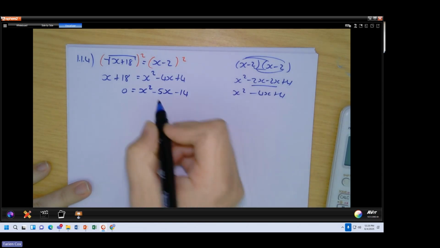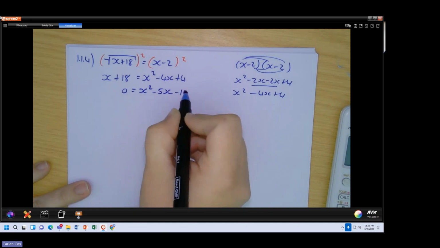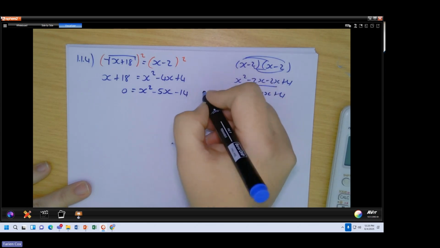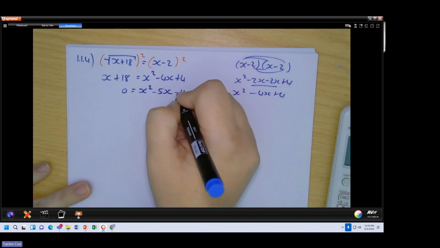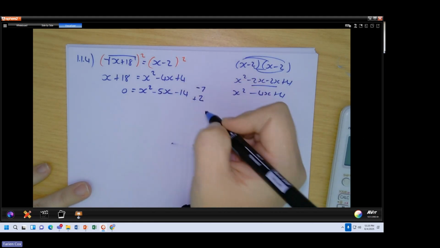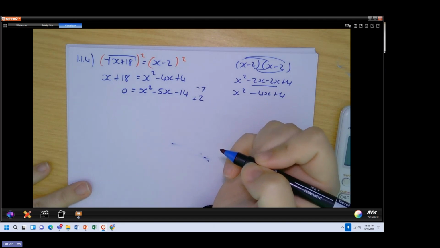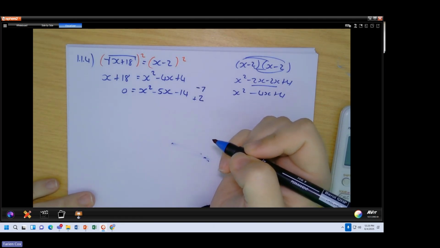Now the question is, how do I go further from here? This is my trinomial. I need to now look at my factors. How do I get 14? The factors of 14 will be 7 and 2. Signs are different, biggest one negative. Now, it is not my job today to teach you how to do trinomials. I'm assuming you are all masters of trinomials already.